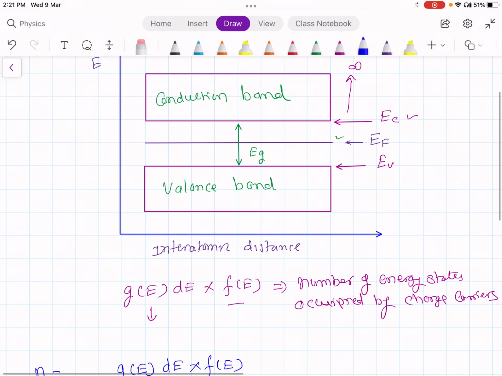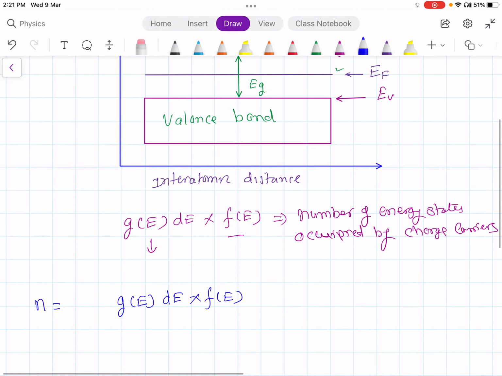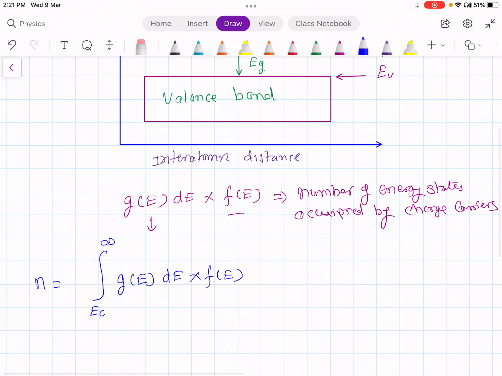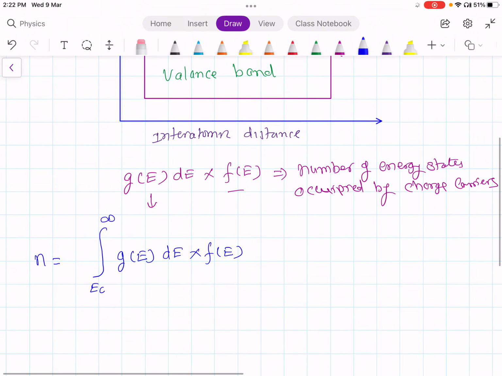But in the conduction band, there are several energy levels, and that range is from Ec to infinity. To get the number of electrons in the conduction band, we have to integrate this product with the limit from Ec to infinity. That gives us the number of electrons.